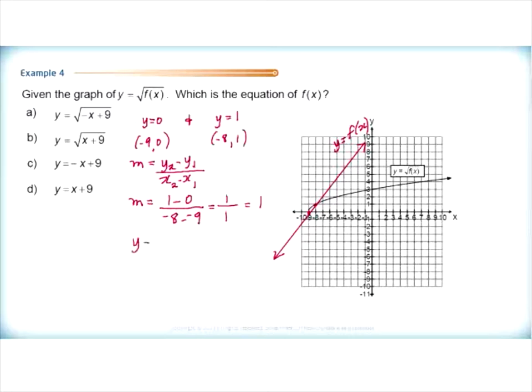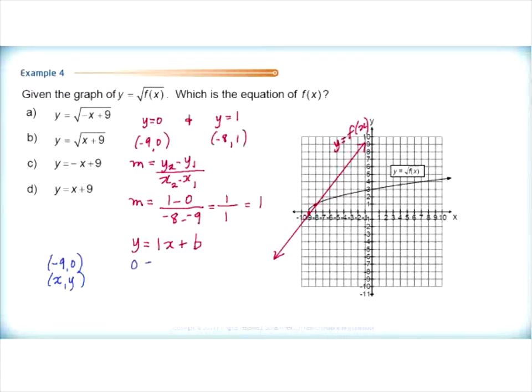So we have y equals 1x plus b. In order to determine the value of b, we have to pick a coordinate that lies on the graph. So let's choose the point (-9, 0) and substitute those coordinates in for x and y into the equation to determine the value of b.